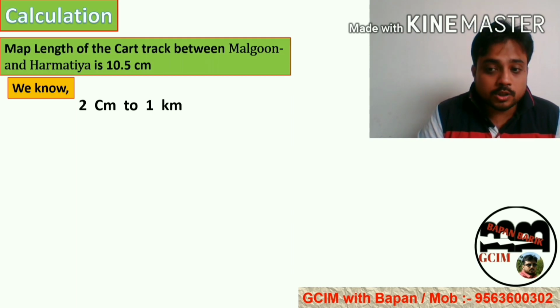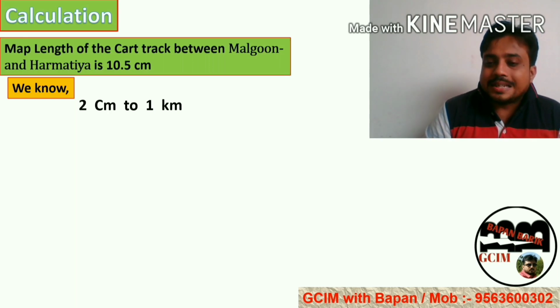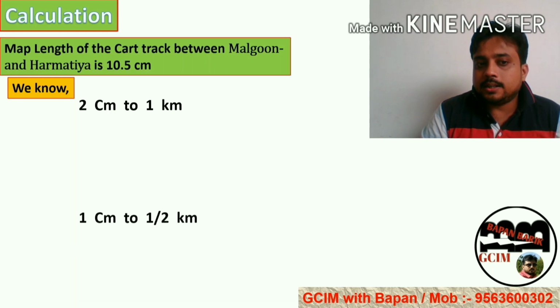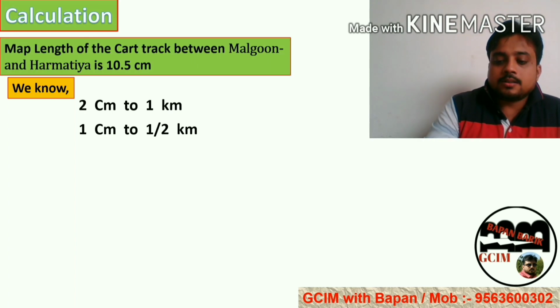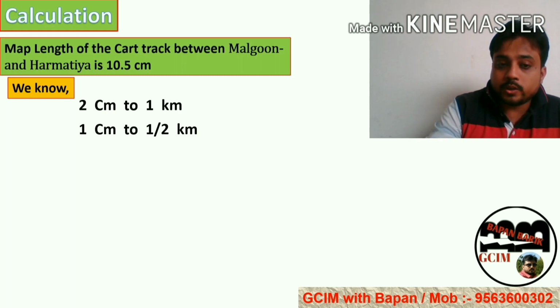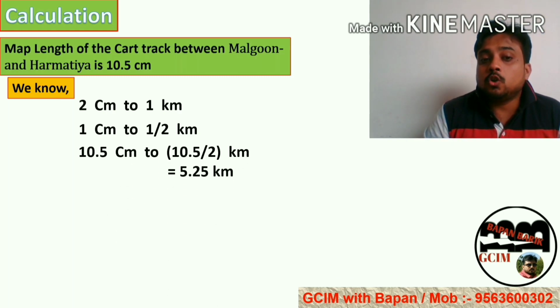So what will be the process? I will explain. In the second line you have to do the calculation for 1 centimeter, and 1 centimeter is 1 by 2 kilometer, which means 0.5 kilometer. And at the last you have to do the calculation for 10.5. So 10.5 centimeter is 5.25 kilometer.